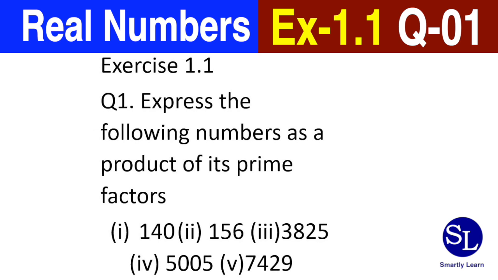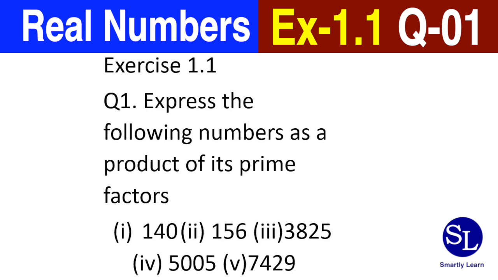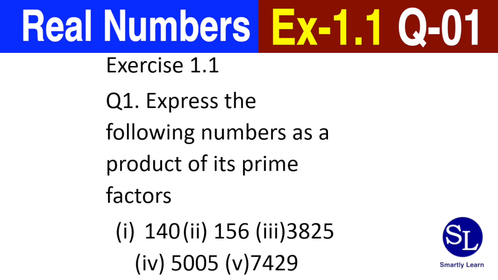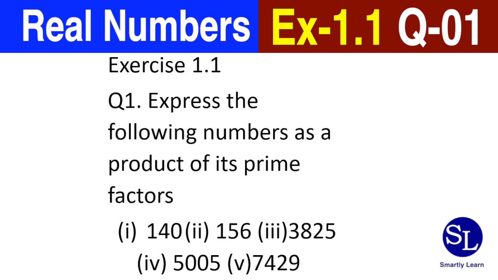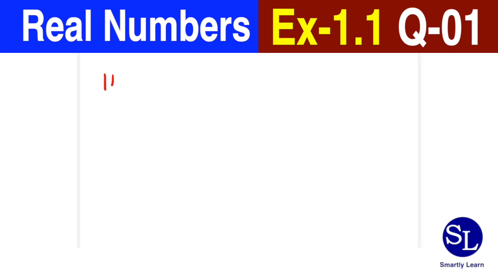Number is 140. So we need to express 140 as a product of its prime numbers. Since it is an even number, I'm starting with the smallest prime number 2. So 140 by 2 is 70. 70 is still even, so I'm continuing to use 2. So that fetches a 35.